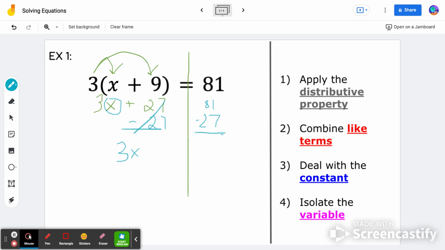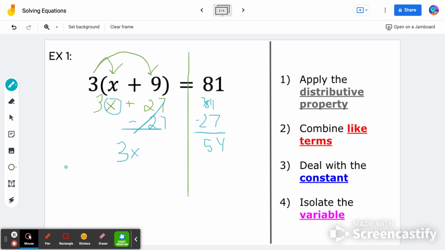And 81 take away 27. Let's go ahead and borrow, and we have 4 right here and 5 right here. So now we have 3x equals 54.